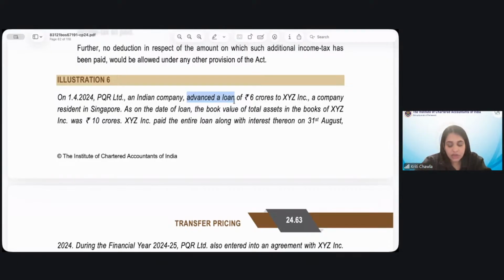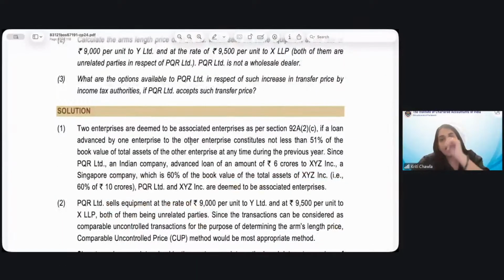The second thing you have to take care of is that they are talking about book value of total assets. The law does not say market value or fair market value of total assets. It says book value of total assets. So two enterprises will be associated if one enterprise provides a loan constituting not less than 51% of the book value of total assets at any time during the previous year.